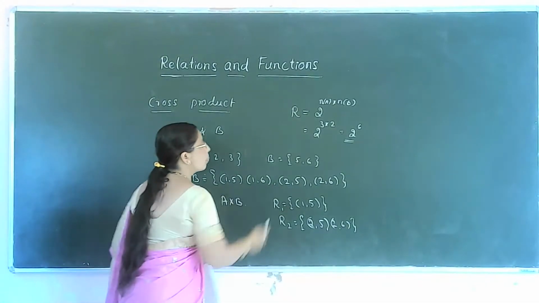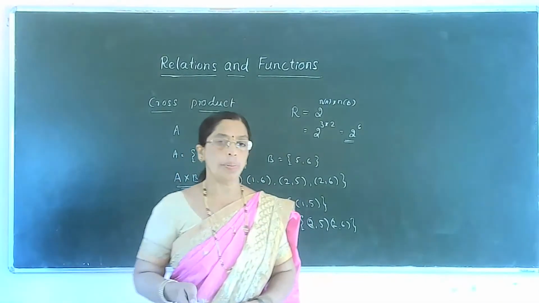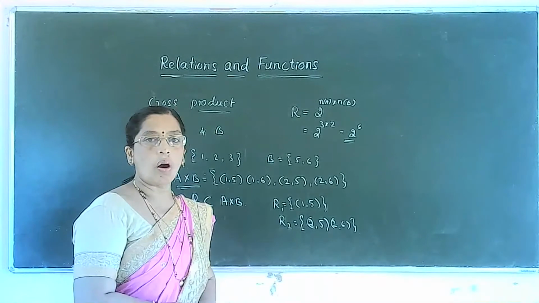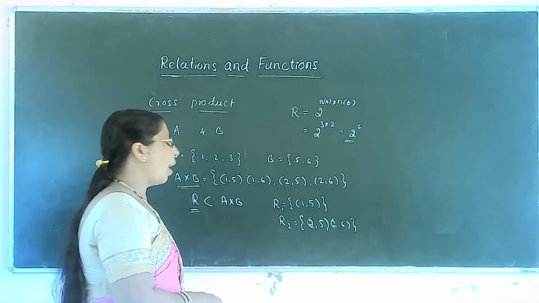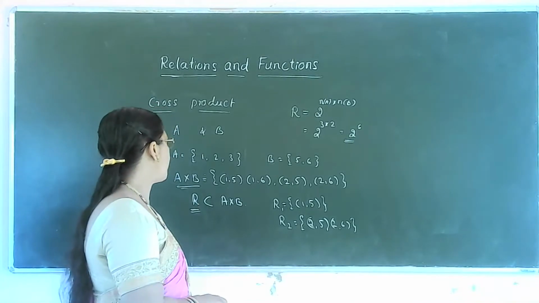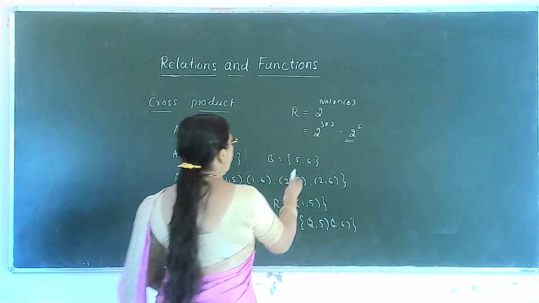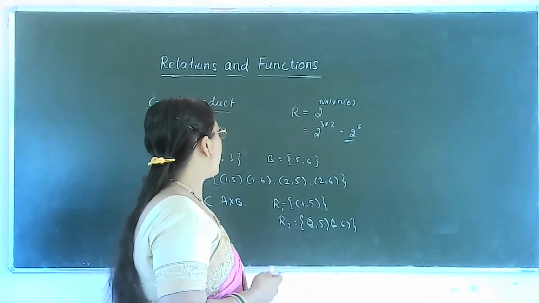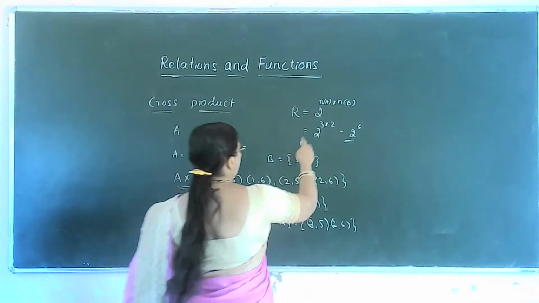If A cross B is the product of A and B, we write it as ordered pairs. Then R is a relation which is a subset of A cross B. How many relations are there? Here it is 2 to the power 6.